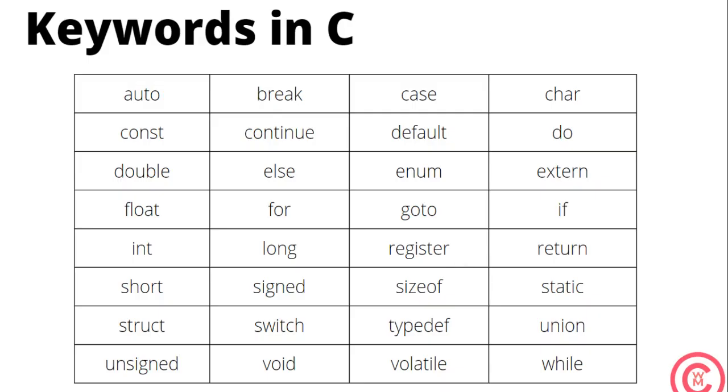So these are the keywords in C, and it is very important to know about keywords. Why? Because we can't use these words for other purposes in our coding. Whenever we use these words in the code, each has its own work to do.